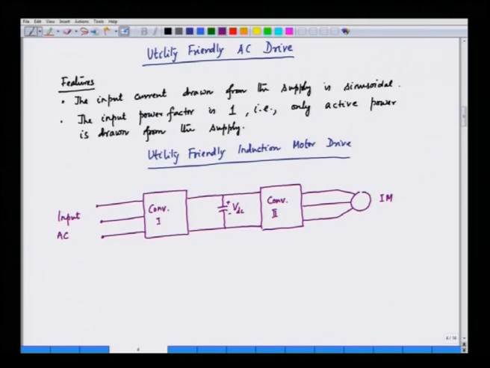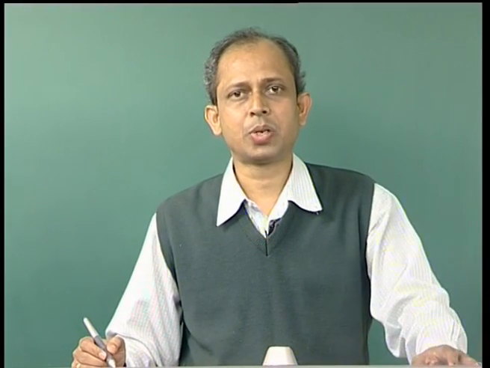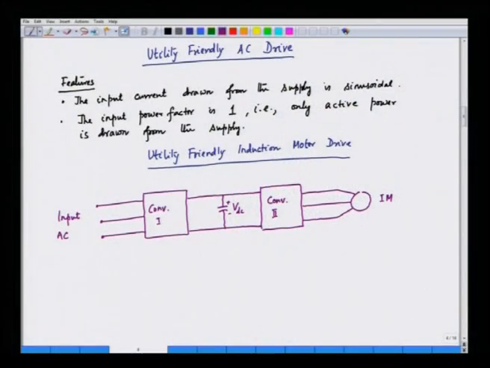So, these two converters are connected in cascade, and the first one is an AC to DC converter. This is called the AC to DC front end converter, and then this is the DC to AC load end converter, and this is typically an inverter.